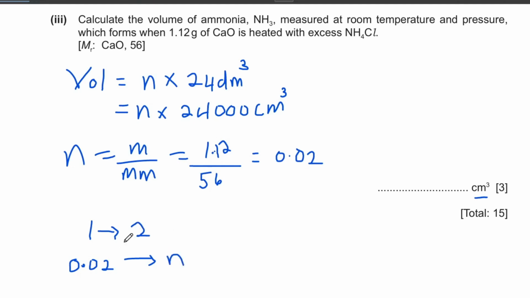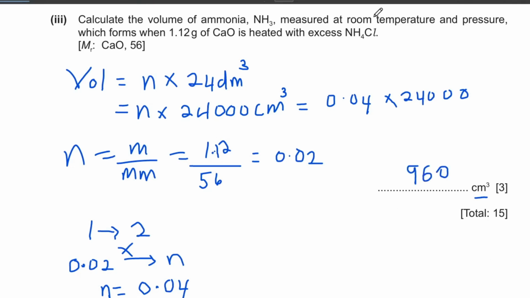How do we calculate n? Cross multiply: n equals 2 multiplied by 0.02, which is 0.04. So our volume is 0.04, the number of moles of ammonia, multiplied by 24,000. This gives us 960 cm³.